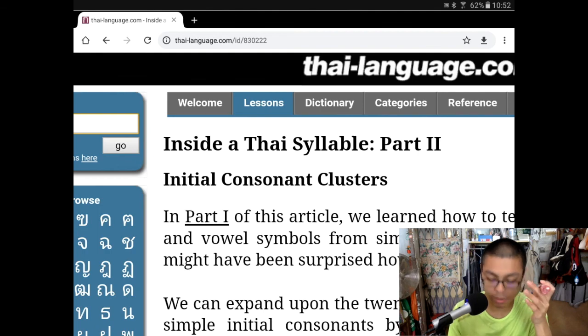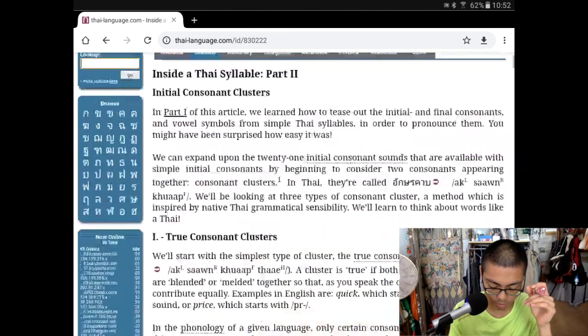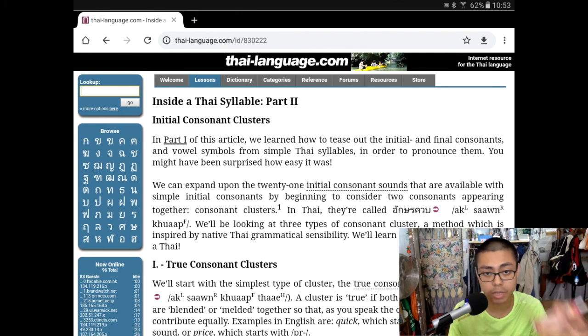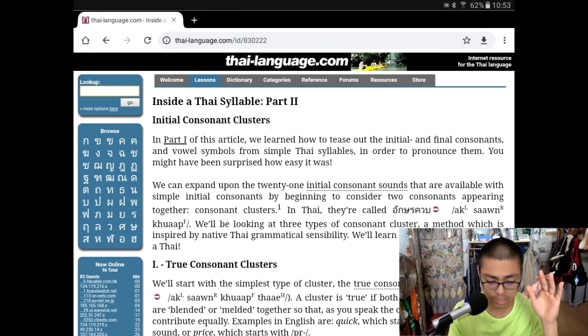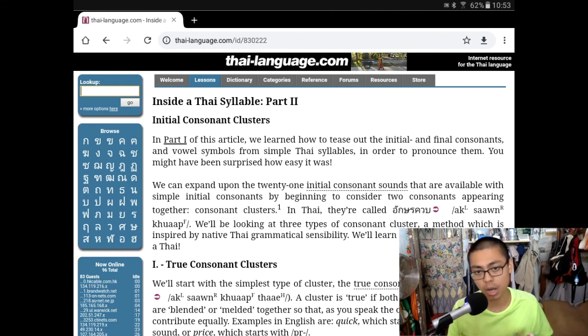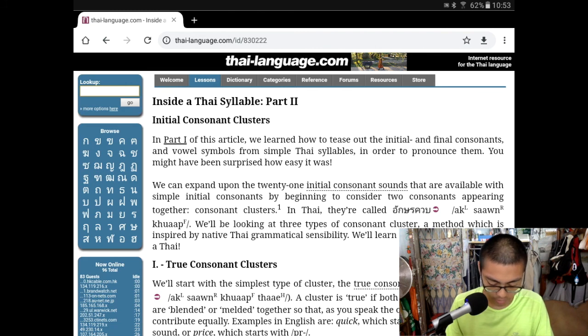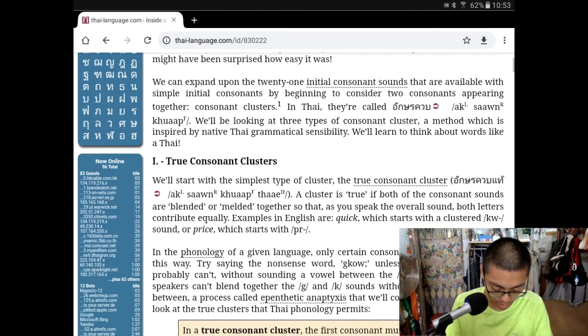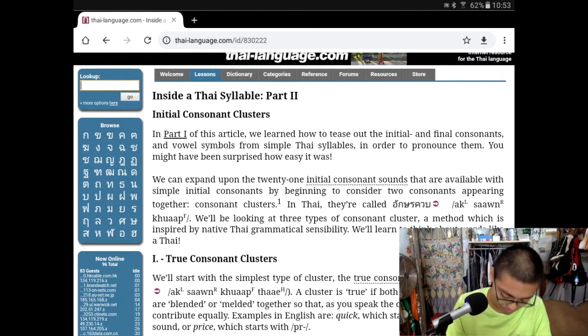But part 2 is important because everything in part 2 is about Thai consonant cluster, and when you learn Thai words later on, you will encounter many Thai consonant clusters. So that's why I put it in the Learn Thai Foundation series. Again, this is the website. This is study material for this episode. Feel free to check it out.